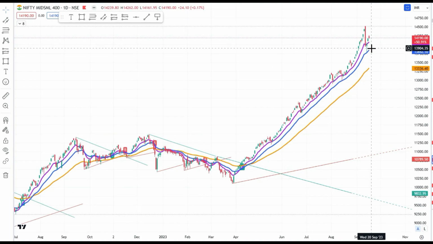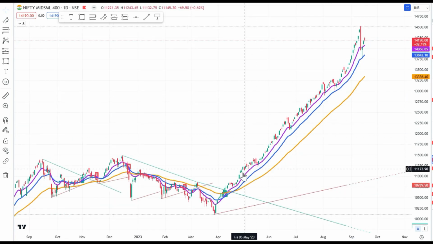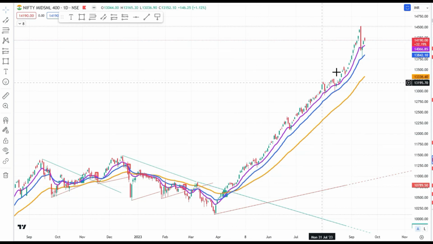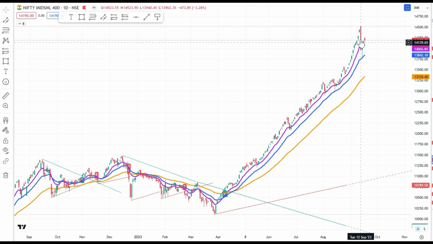So when they were selling here, it fell almost 4-5% in a day, 1000 points, almost 800 points. So that is an indication. See, on none of the days in the last 5 months did the index fall 4% in a day. And that means somebody is ready to sell, especially those institutions, the big boss.